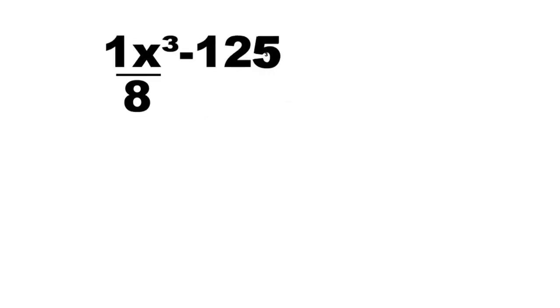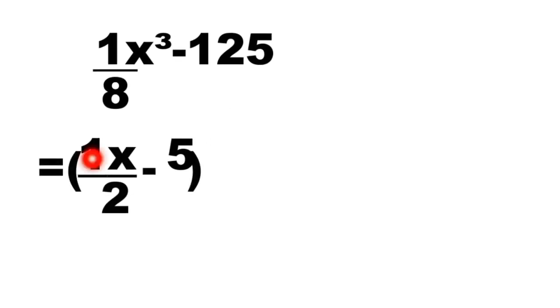In case you have a fraction, so we have here 1 over 8 x cubed minus 125. We have to get the cube root of this one, and the cube root of this one is 1/2 x, and the cube root of 125 is 5.